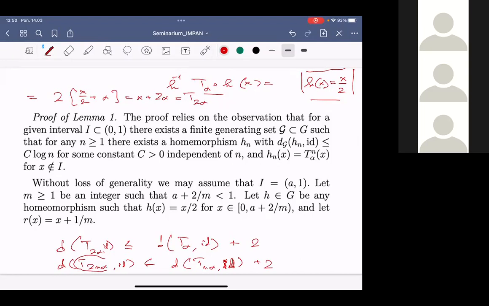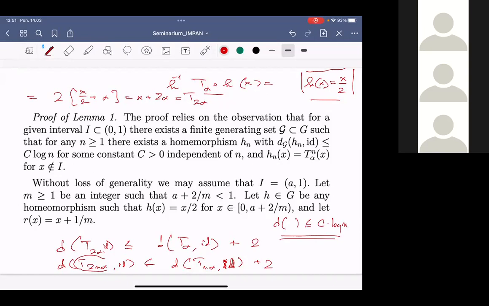So we see that in this case the growth is bounded from above by some log n. So this is the idea.